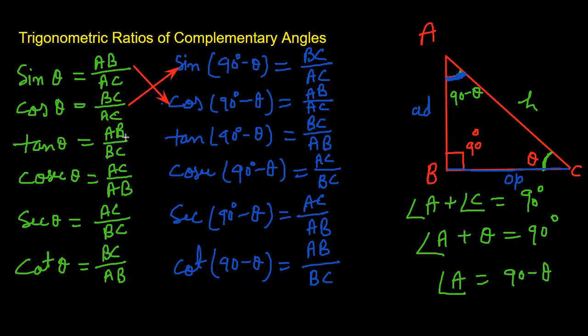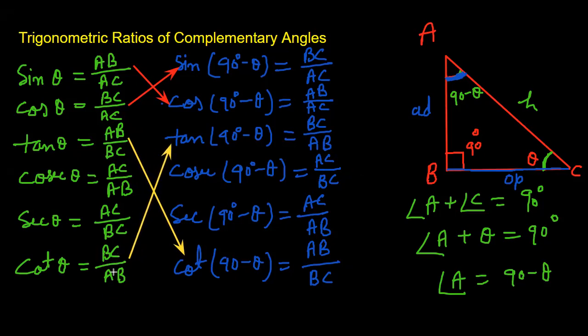Here you see AB over BC, and here also you have AB over BC. So tan theta is the same as cot of 90 minus theta, and similarly cot theta is the same as tan of 90 minus theta.